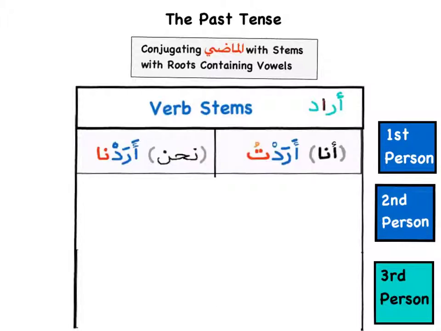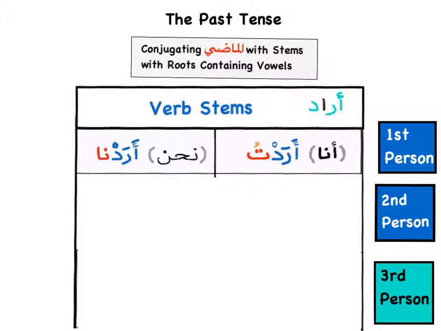Again, the verb is arada, to want, and it becomes أنا أردت. So this is first person singular, first person plural, نحن أردنا. Notice that we don't have the vowel in the verb stem anymore. أردت, أردنا. We added the suffix for the first person ta, and nun alif for the first person plural.